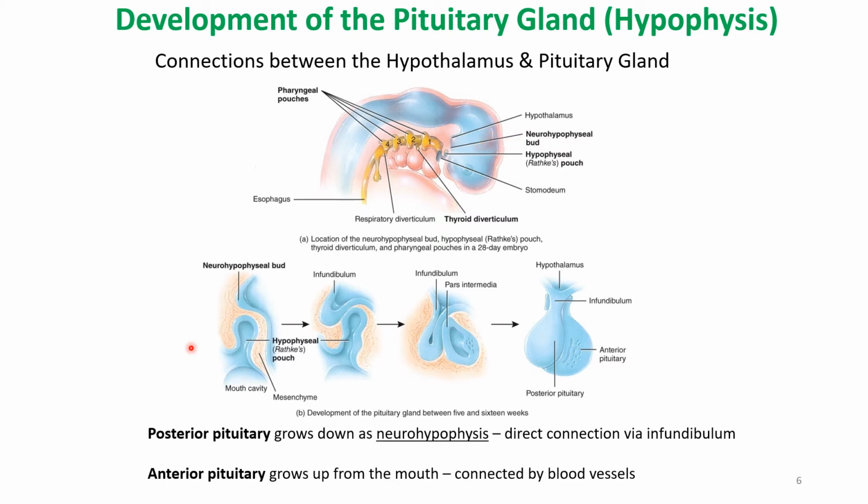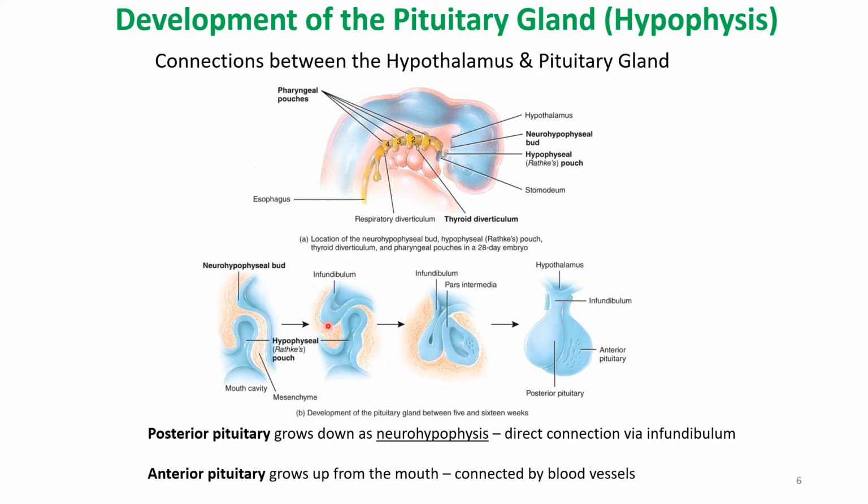So let's take a different picture of it down here. Here you can see that this Rathke's pouch or hypophyseal pouch is growing up out of what's going to be the mouth cavity, and this neurohypophyseal bud is growing down out of what's going to be the diencephalon. So they're growing in opposite directions of each other.